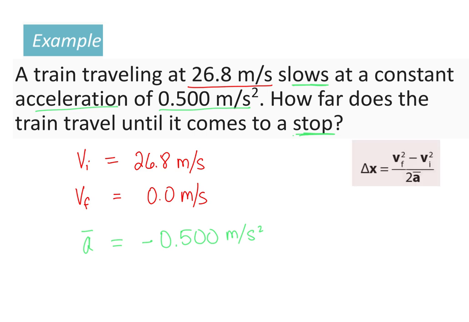We are going to use the third equation because we really don't know anything else about it to plug in, but we have the final velocity, we have the initial velocity, we have the average acceleration, don't we? And so now we're just going to plug those in, all right? The final matters. I know it's 0, but the final matters because you're subtracting, okay? If my initial velocity was 0 and I was subtracting a 0, that really wouldn't matter. But because I'm subtracting from 0, it actually matters here.